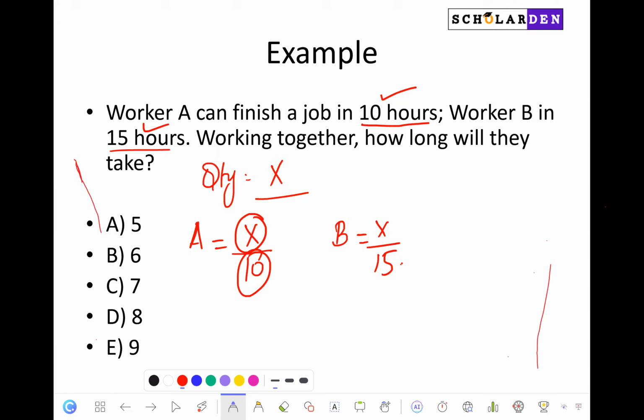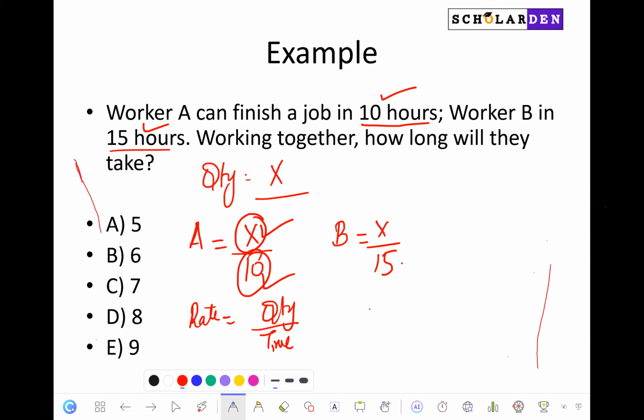Now if I go back to the definition of rate, what is the definition of rate? The definition of rate is quantity over time. So this is my quantity and this is my time.